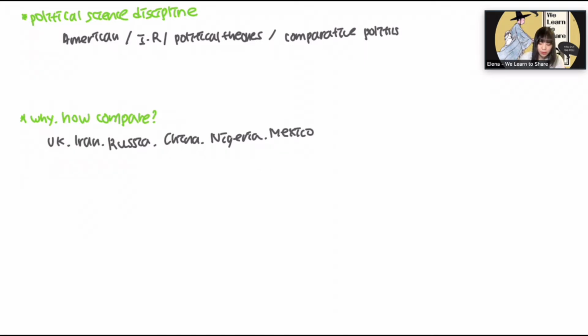And we compare these countries by using empirical data and drawing conclusions from the observations by collecting, comparing, and analyzing these empirical data. We do this to get an insight into the different or similar patterns or trends of the political behaviors among the countries.